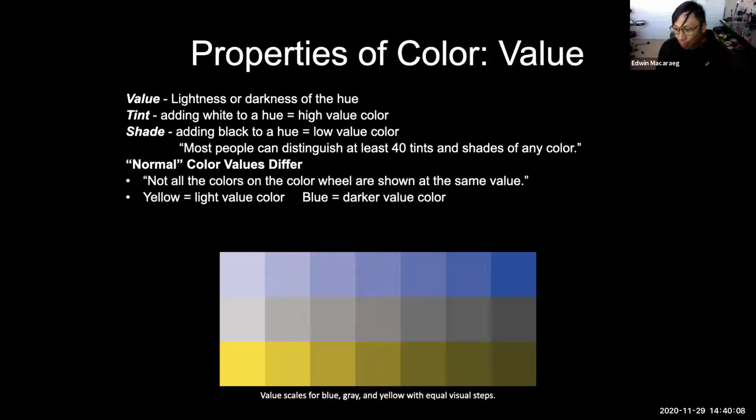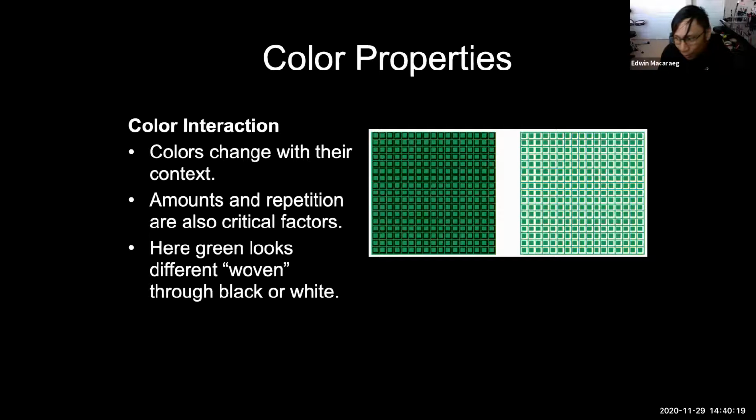There's a whole class based off of color theory, a whole 16 to 18 weeks, and it's really intense. It's not as exciting as a regular art class, because they just focus more on color, but it's very informative.